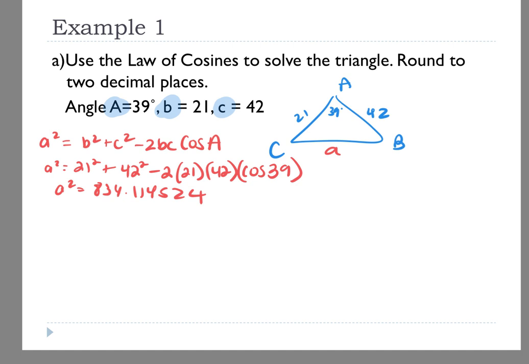And my last step here is to square root. So I'm going to square root without rounding that answer, and I get a is 28.88. We're going to keep both those decimals. You with me so far?